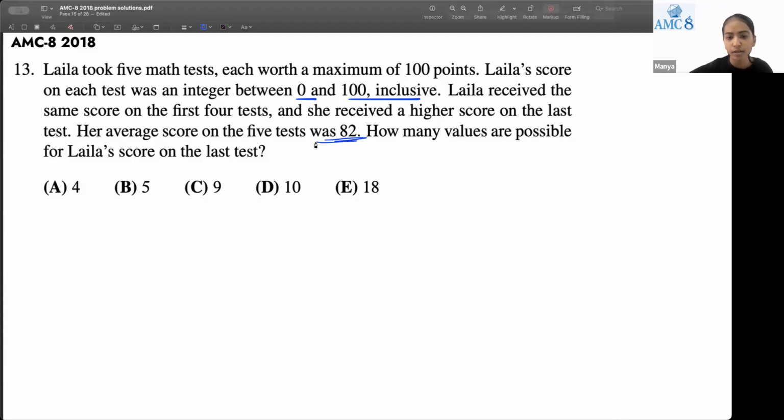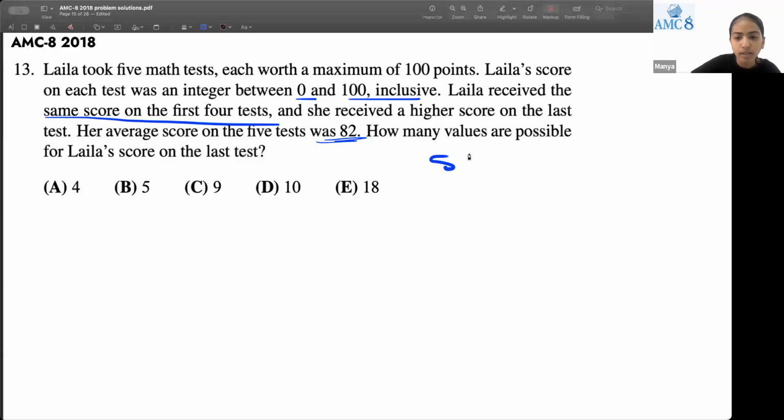So the first 4 tests must be less than 82, and the last test must be greater than 82. Since Layla received the same score on the first 4 tests, and the average is 82, we'll find the total.